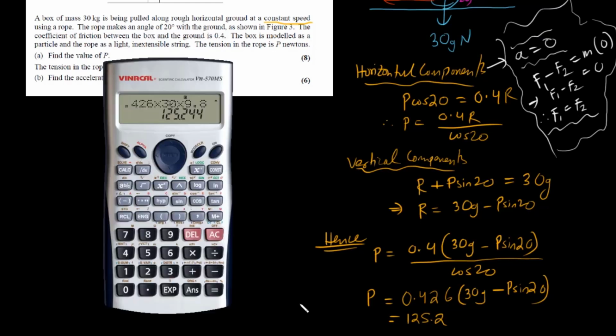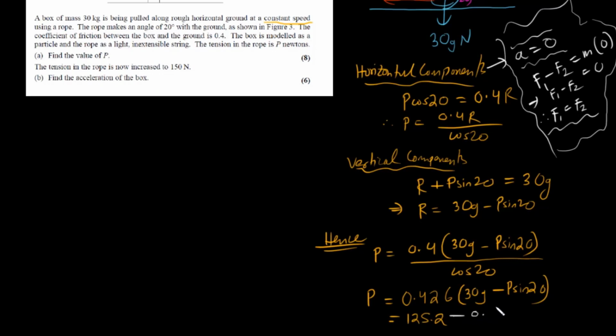So the calculation is going to be now 0.426 multiplied by P sin 20, and that is 0.146P.